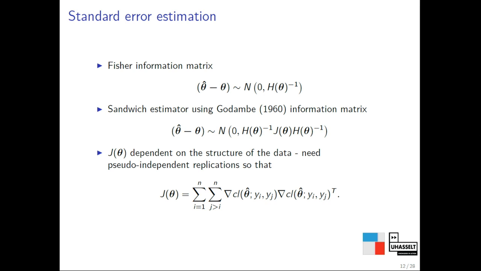So you have your Hessian transposed, and you have the outer product of your score function and the Hessian again, and this is like a sandwich estimator which usually corrects and gives you robust estimators. But the problem with this is your score function is dependent on the structure of your data, and the replications need to be independent or at least pseudo-independent for them to estimate it correctly.